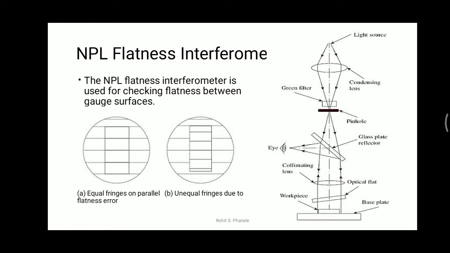Then it falls on this collimating lens, and again on this optical flat, then on the workpiece, and at the same time on this base plate also, which is placed at the base of the interferometer.